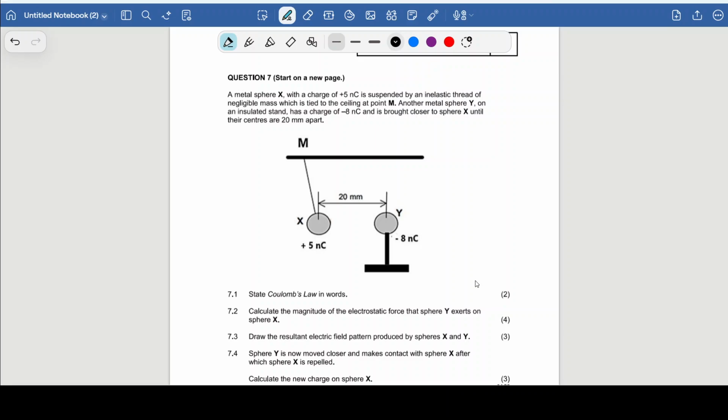So just to emphasize the numbers: 5 times 10 exponent minus 9, minus 8 times 10 exponent minus 9, and 20 times 10 exponent minus 3. Those are the meanings of nano and milli.